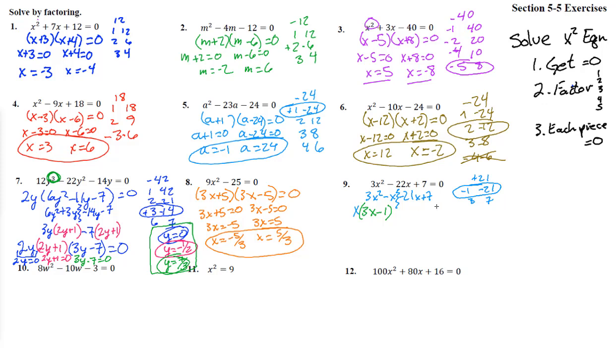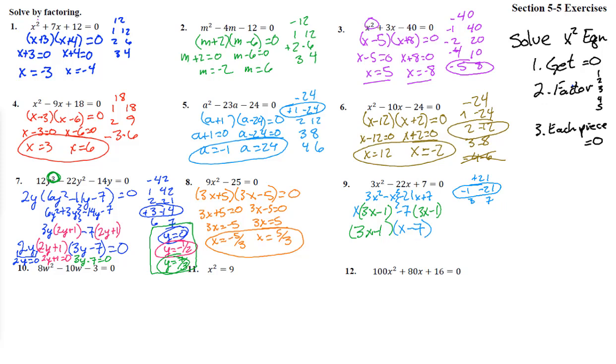And then minus, what can come out here? A 7? Yeah, indeed. And it's now a 3x minus 1. Excellent. So that is, pull the 3x minus 1 out, and we're left with the x minus 7.